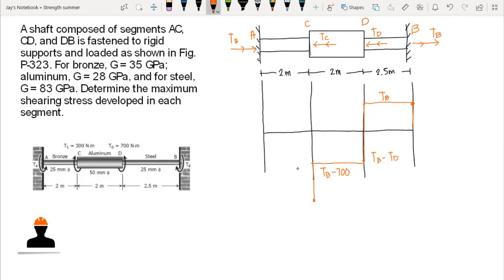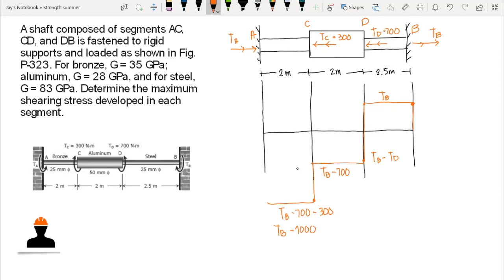The magnitude of this internal torque is TB minus 700, and the value of TC is 300 Newton meters, so minus 300. So our internal torque here is TB minus 1000.